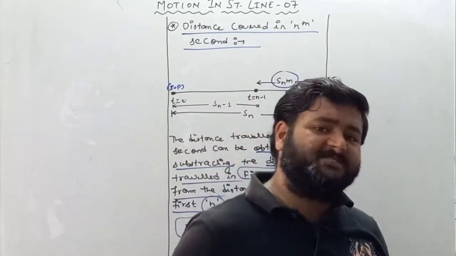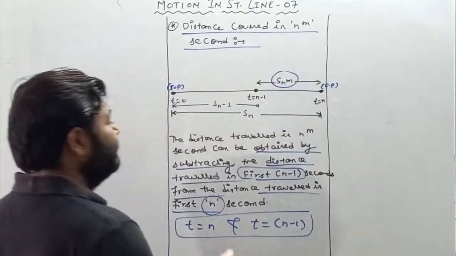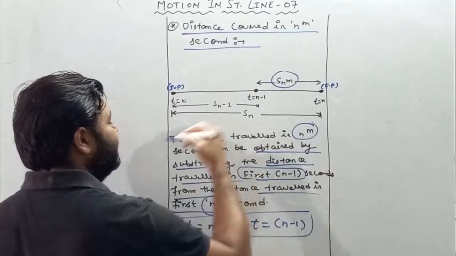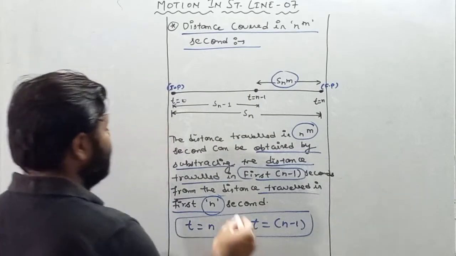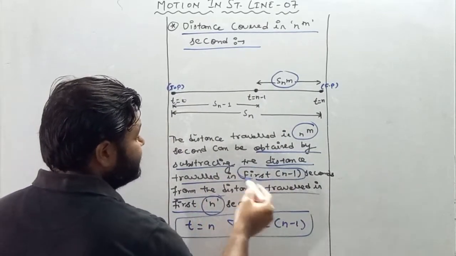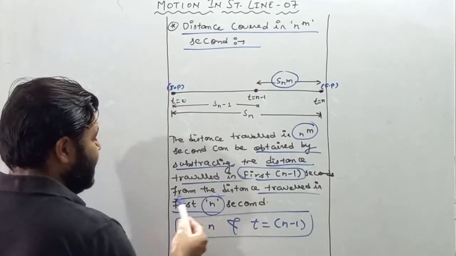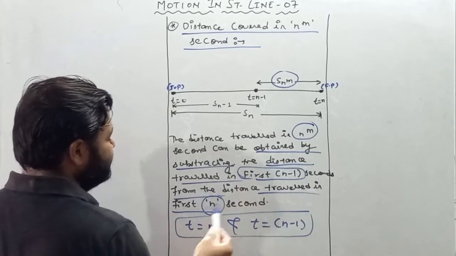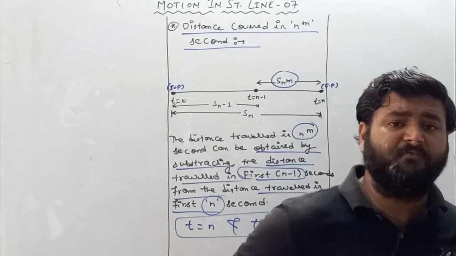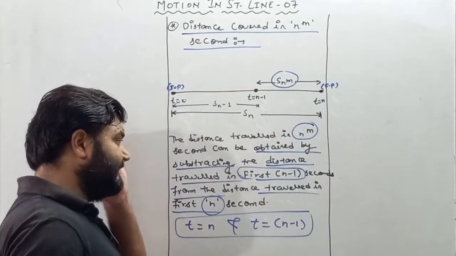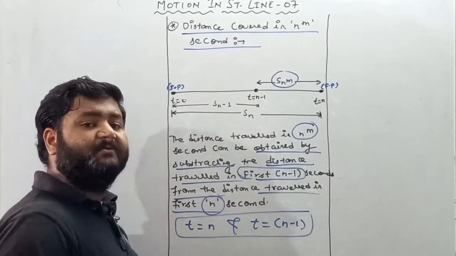It is quite logical, so try to understand. If you wish to find distance traveled in nth second, then you have to subtract the distance traveled in first n minus 1 seconds from the distance traveled in n seconds. So we have two different times: one is t is equals to n and the second is t is equals to n minus 1.